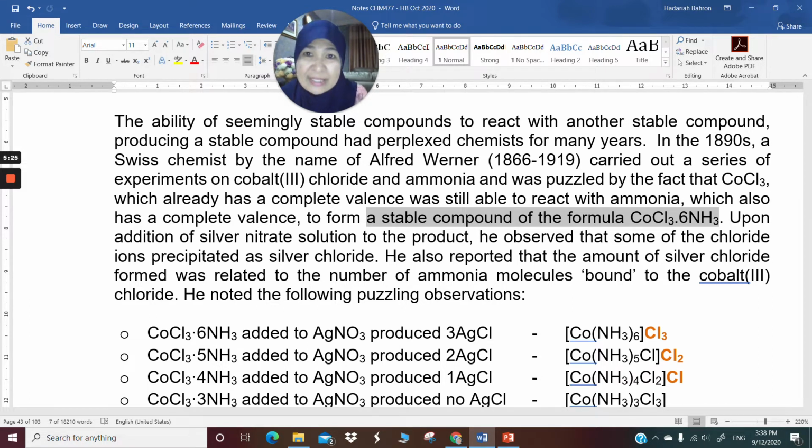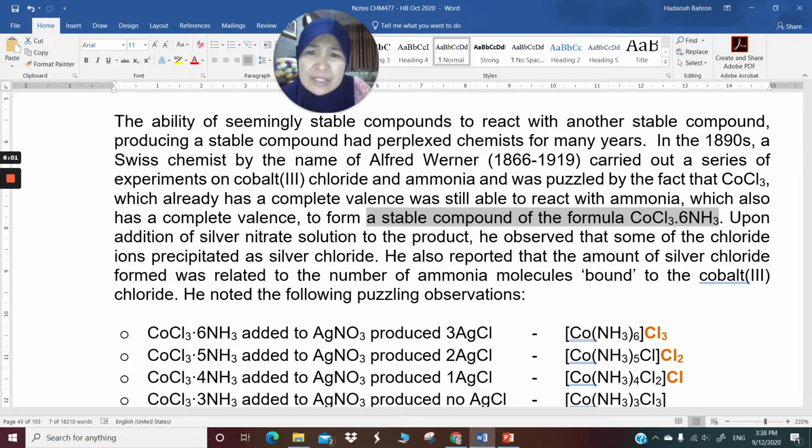What he obtained is another solid, with the formula of CoCl3 with 6 ammonia. So he was very, very puzzled. He said, how come the cobalt 3 chloride, which is stable, reacts with ammonia, which is stable, and gives me a different stable compound with the formula of CoCl3 6NH3? That he couldn't understand.